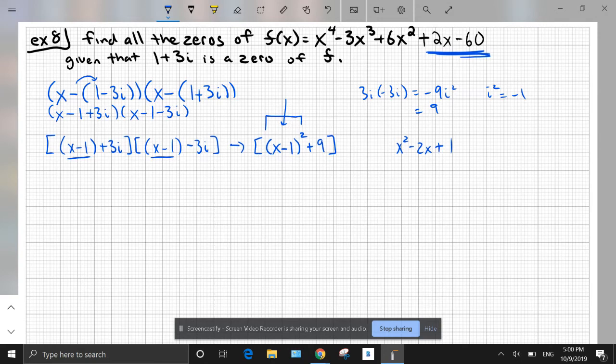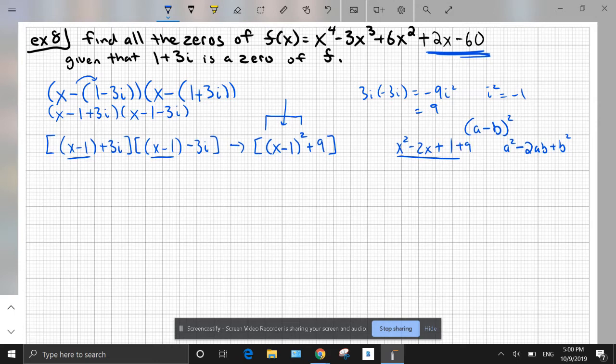So remember, that comes from a plus or minus b squared. All you have to do is a squared minus, since there's a negative, 2 times a times b, and then plus b squared. It's plus because you have a negative b times a negative b, which is positive. So this is how we get this part. And remember that we're going to add a 9 to it.